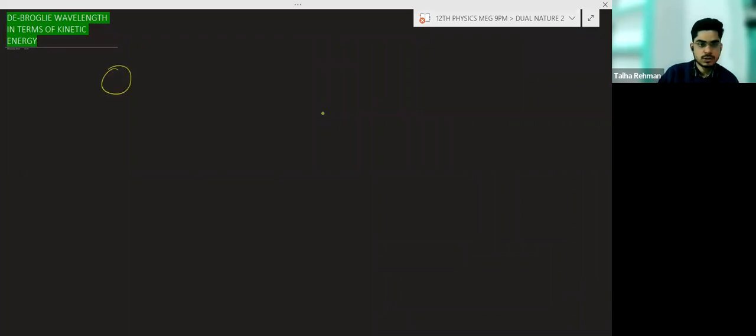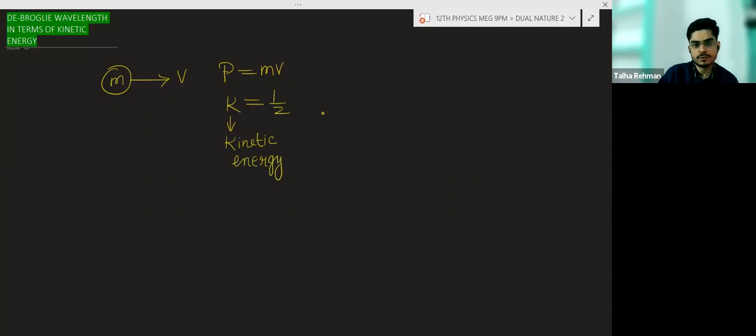Suppose a mass m is moving with velocity v. What will be the momentum of this mass? Mass into velocity. What will be the kinetic energy K? K is the kinetic energy, which will be half m v square.